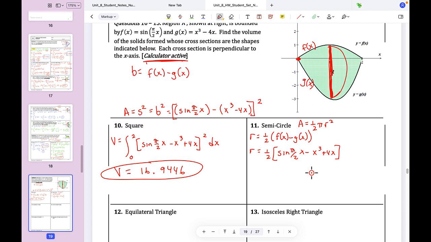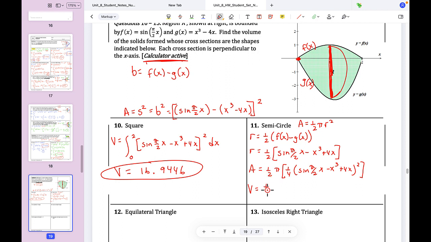All right, that's r. So my area is 1/2 pi, and we're going to square r, so that's going to be 1/4 sine pi over 2 x minus x cubed plus 4x squared. Okay, that's my r squared. So for our volume, we're going to integrate.